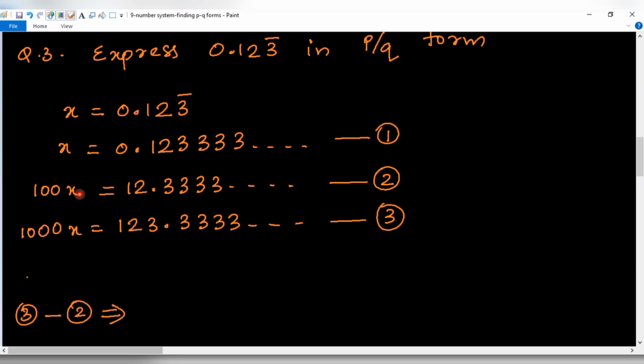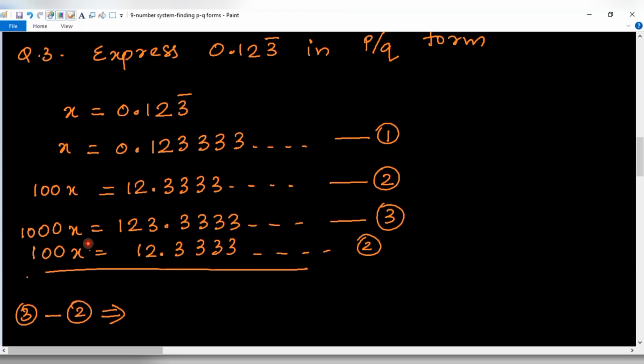Under the third equation, I am going to rewrite the second equation. Here we have 100x is equal to 12.3333 like that. This is the second equation. Now, when we subtract, 1000 minus 100 is 900, so 1000x minus 100x is 900x.